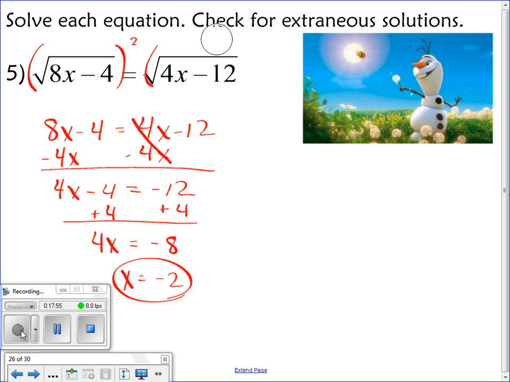So again, you go back to the original problem, and we plug it in. So 8 times negative 2 is negative 16 minus 4. It's negative 20. So I get radical negative 20. Let's see if it works out on this side. Plug in a negative 2. 4 times negative 2 is negative 8 minus 12 is negative 20. Does it work? Yeah, it's the same thing on both sides. So that right there is a good answer.